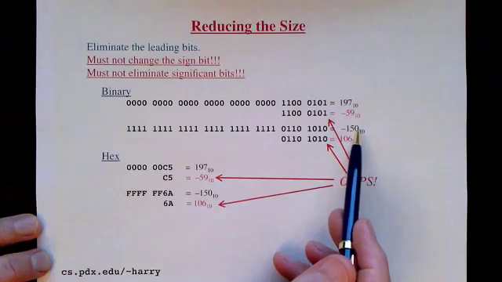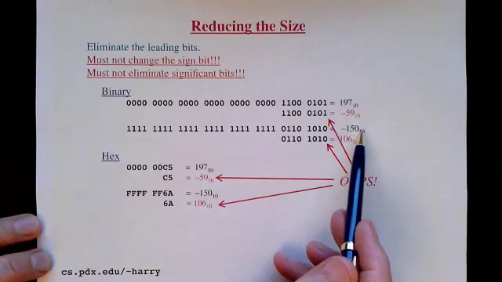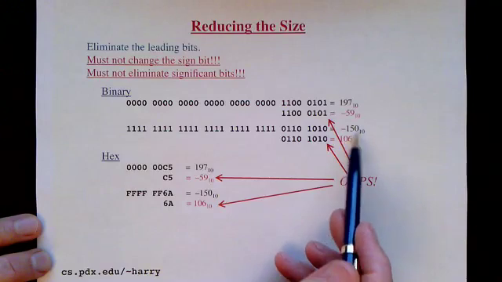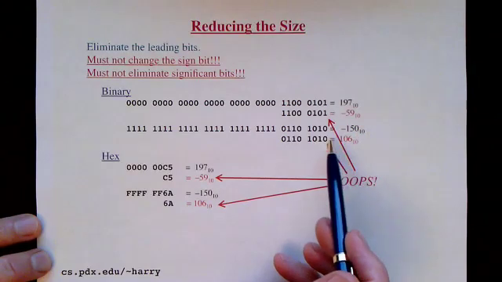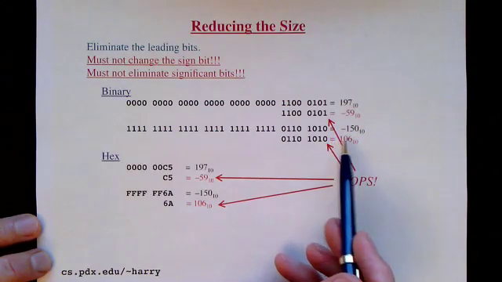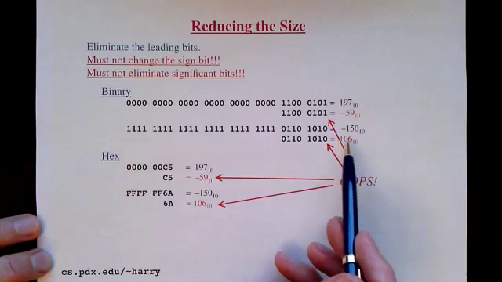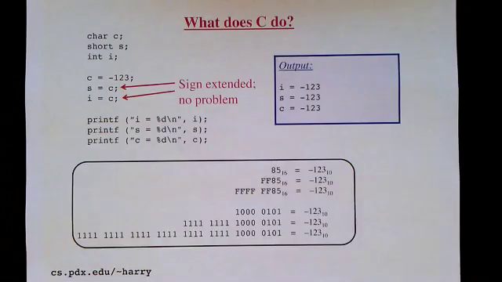We can only go down as far as minus 128, and we can't go down as far as minus 150. There is no representation for minus 150 with only a byte in the 2's complement notation. So it turns into the number 106.